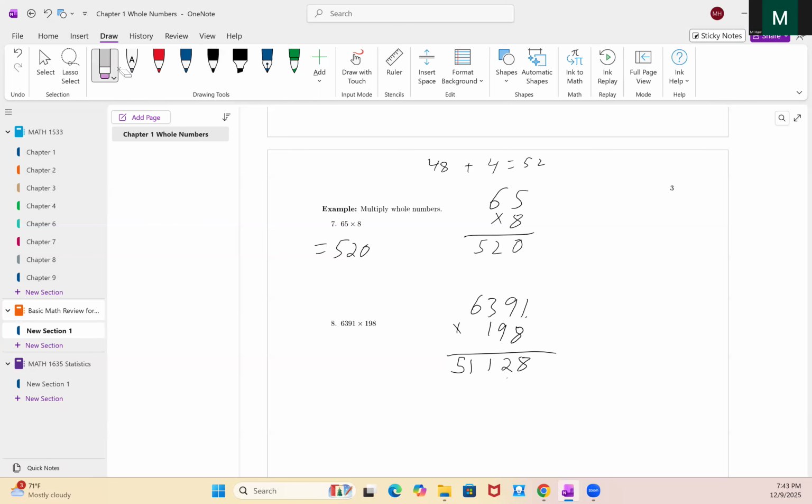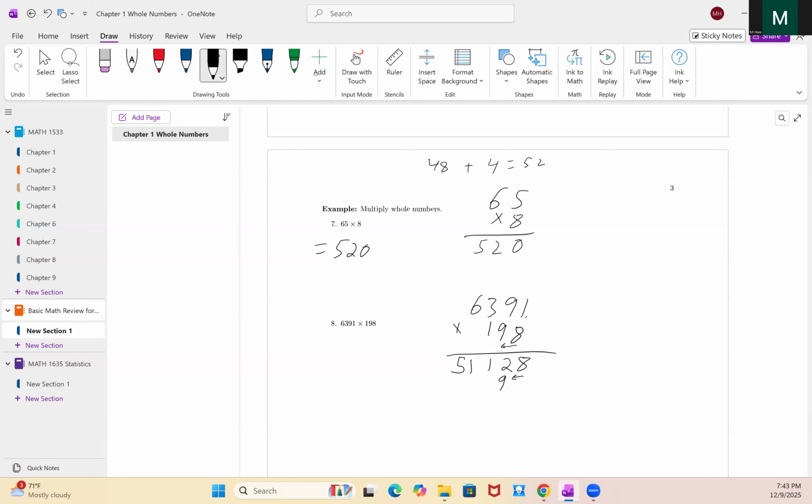It goes under the 2, because now 9 is moved to the left by 1 digit. The first digit that we put here after multiplying 9 by the first digit, we also move 1 digit to the left. So 9 times 1 is 9.